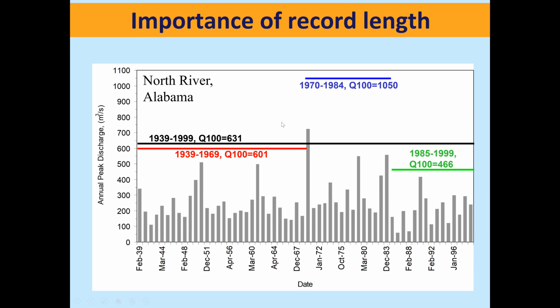So that's a word of caution: be aware that if you've got a stream gauge with a pretty short period of record, you just know a little bit less about what flows are in that system.